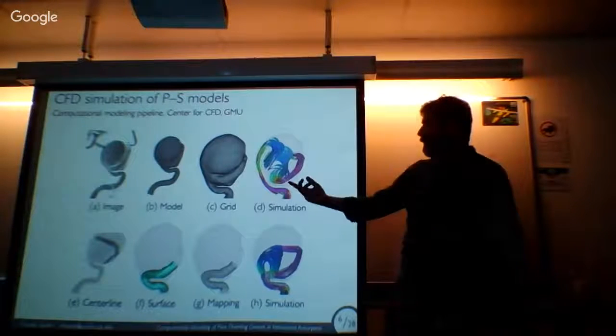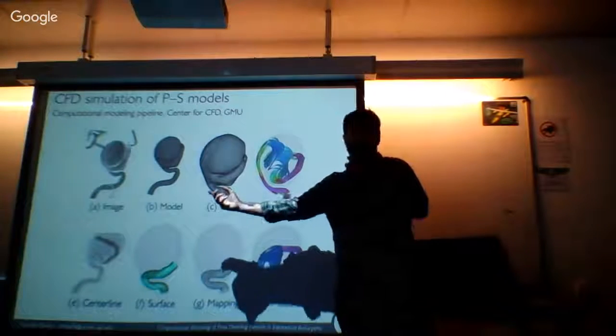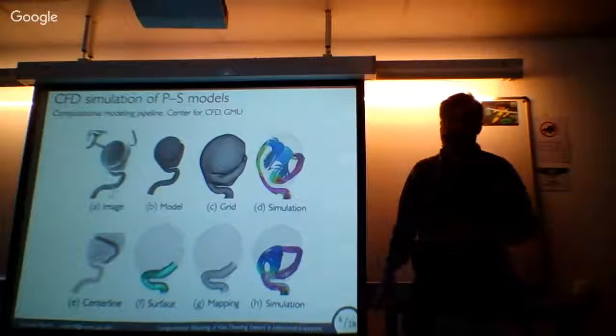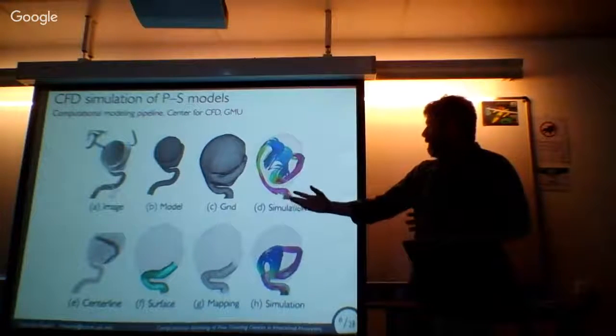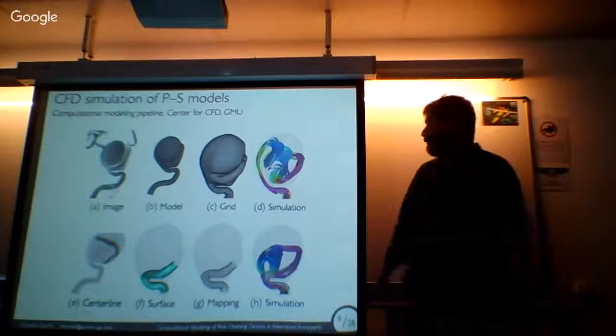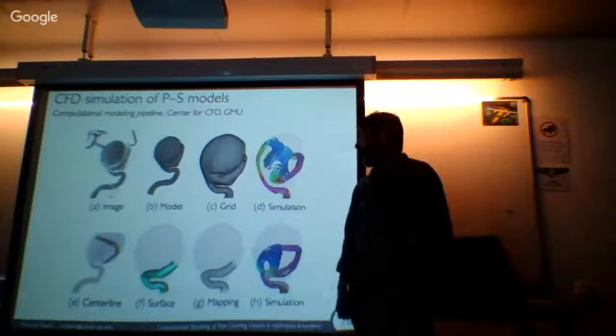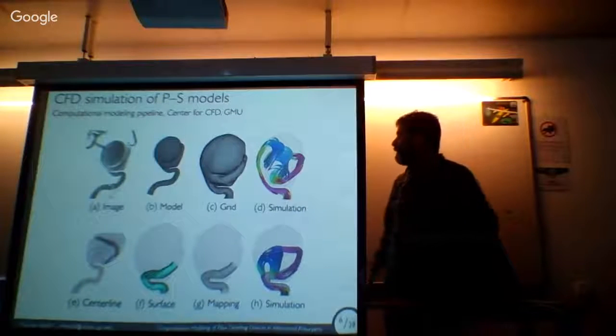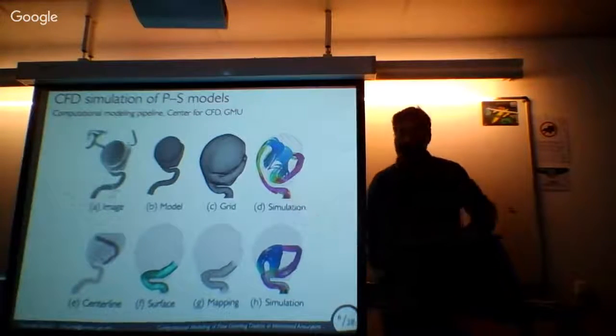From the image, we need to segment the image and we create a model. This model is the one that we are going to use to generate the mesh. From there, we can, at this point, with a lot of work in between, do the simulations.